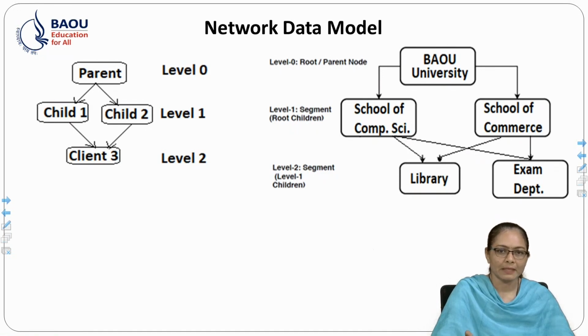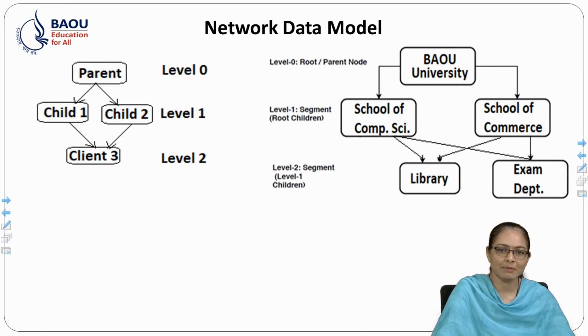In this model, each link between two record types represents a one-to-many relationship between them. Means one Bow University has multiple departments, that is one-to-many. But many child records have one parent, and library has two parents. The School of Computer Science has one parent, Bow University, and library has two parents, School of Computer Science and School of Commerce.